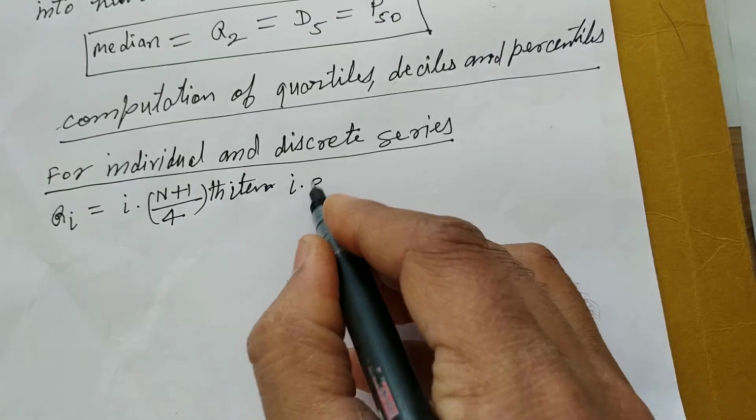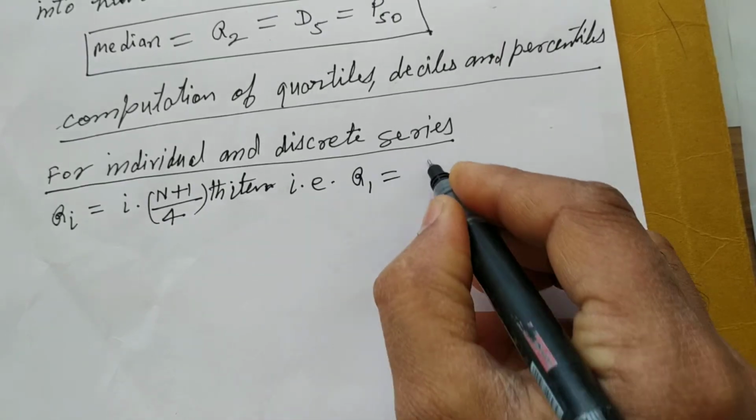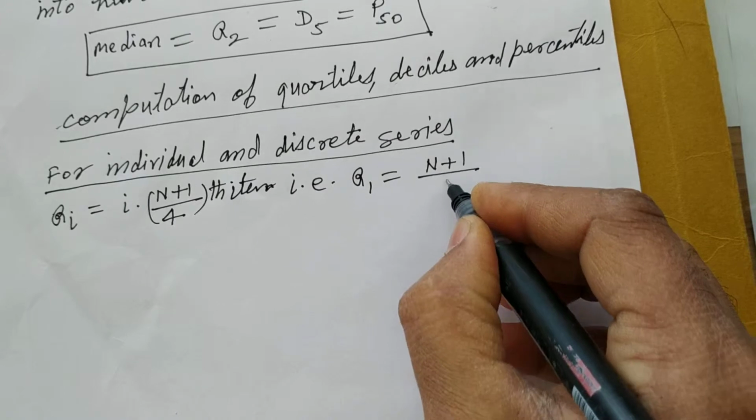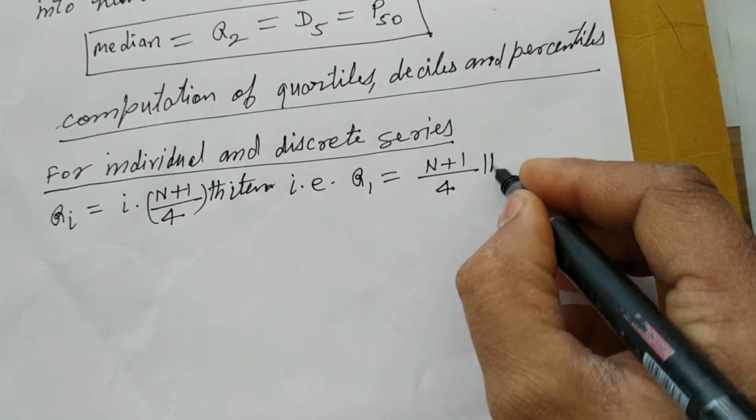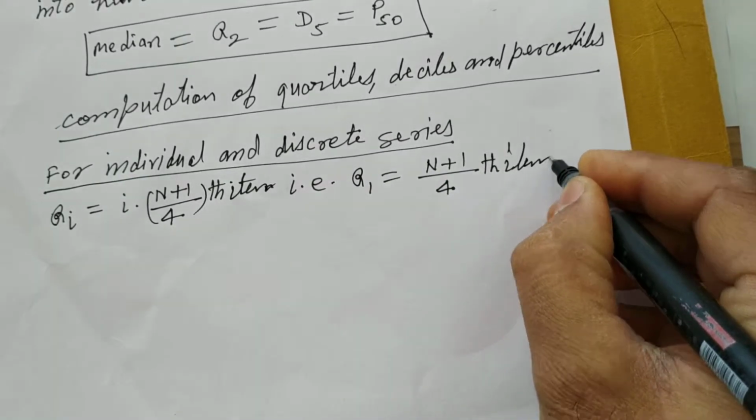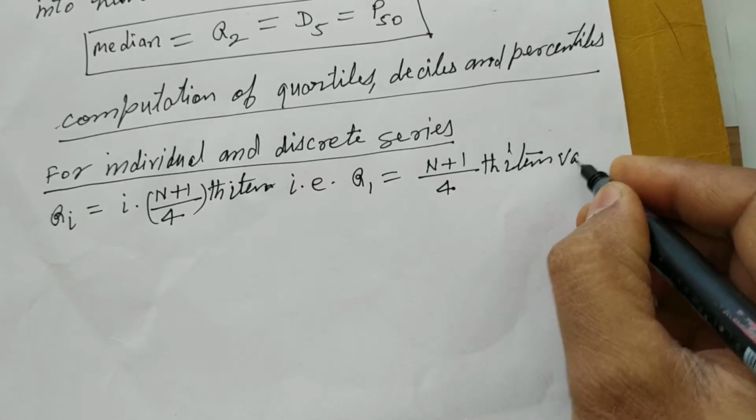That is Q1 is equal to n plus 1 divided by 4th item value.